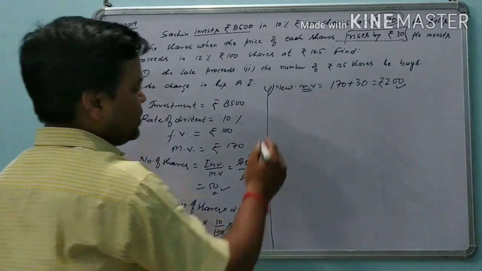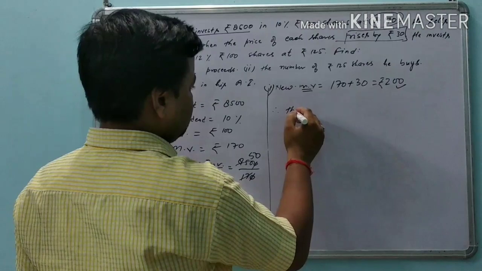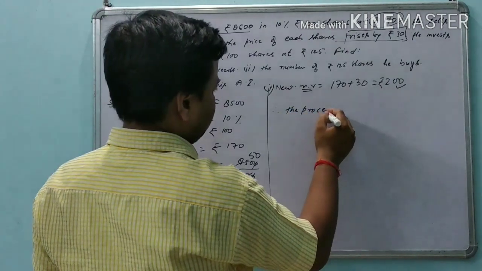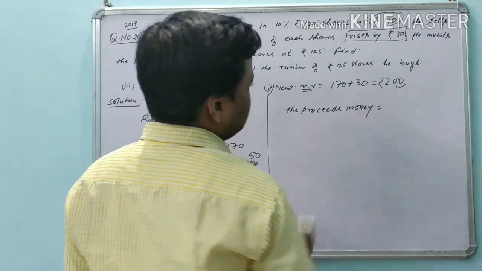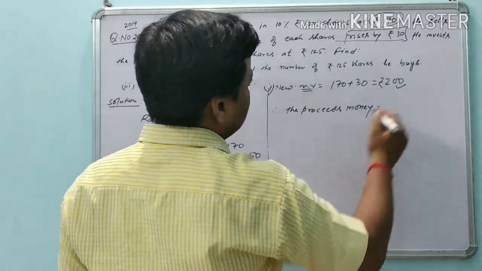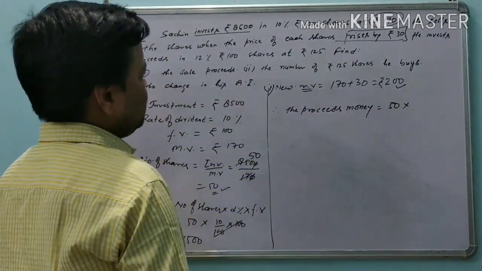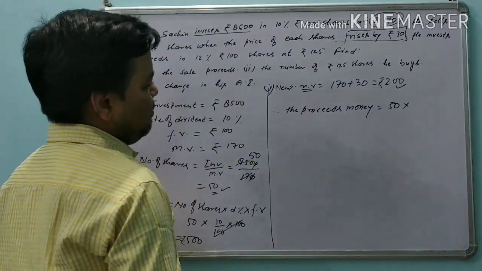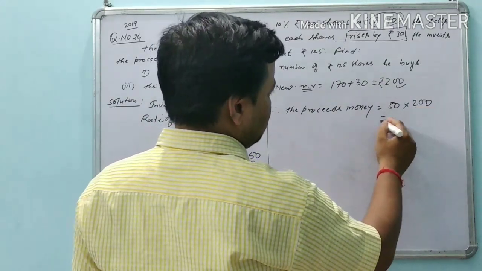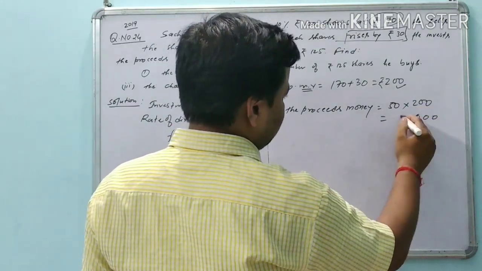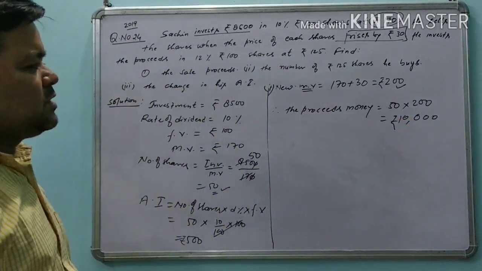Therefore, proceeds money is equal to number of shares, which is 50, into the new market value 200. Then its value will be 10,000 rupees. It means the proceeds money is 10,000 rupees.